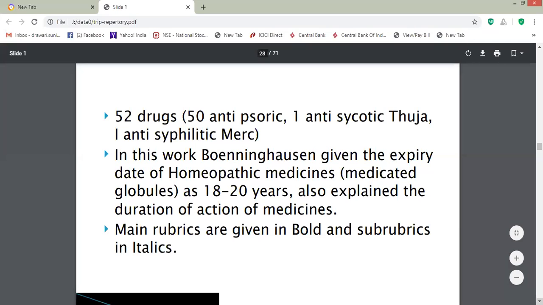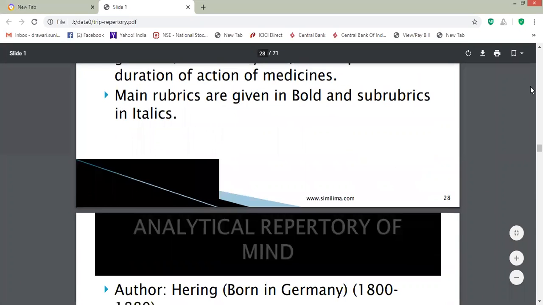And in this work, that is Repertory of Antipsoric Remedies, he gave the expiry date of homeopathic medicine or medicated globules as 18 to 20 years, and he explained the duration of action of medicines. In this repertory, the main rubrics are given in bold letters, and sub-rubrics are given in italic letters.